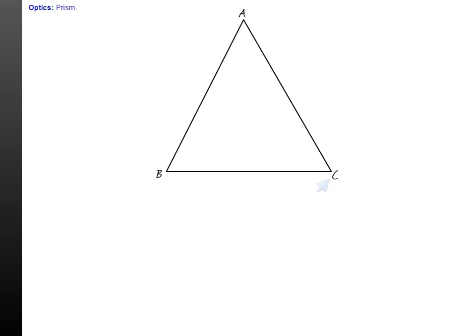Let's say a ray strikes the face AB as shown in the figure. This is the angle of incidence. Okay, let's say I is the angle of incidence.